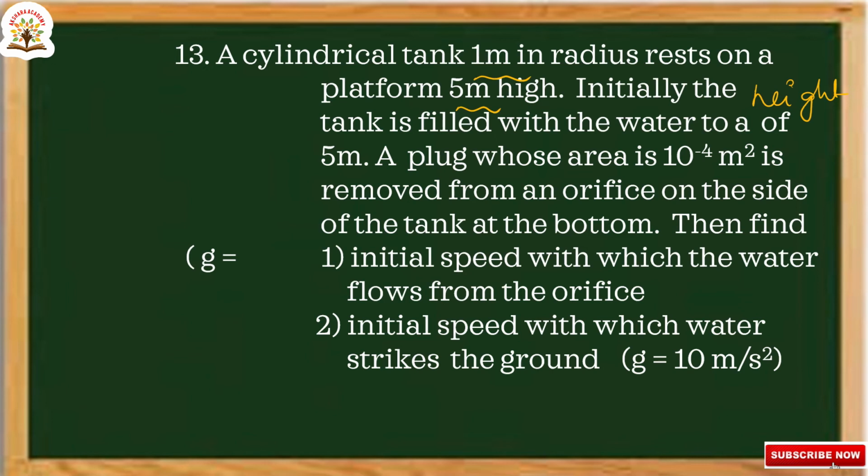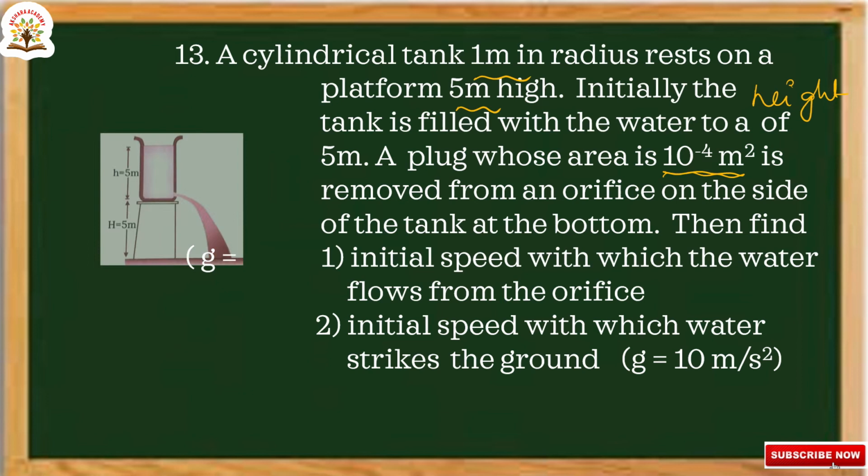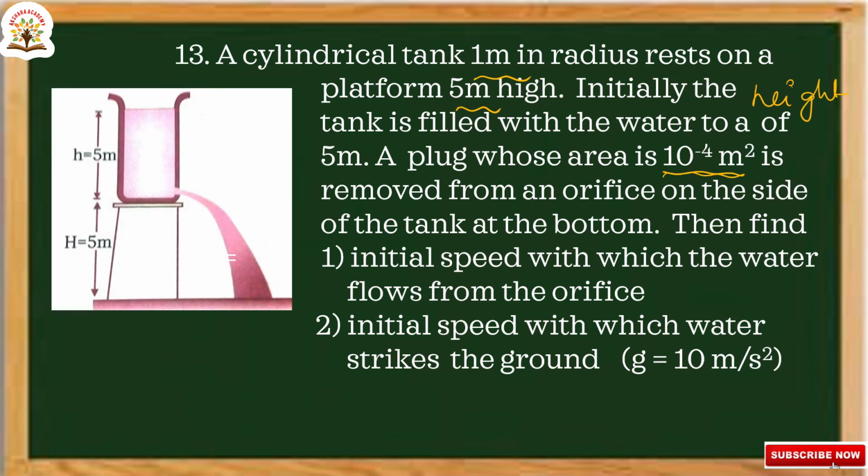A plug whose area is 10 to the power of minus 4 meters square is removed from an orifice on the side of the tank at the bottom. This is the figure showing this.